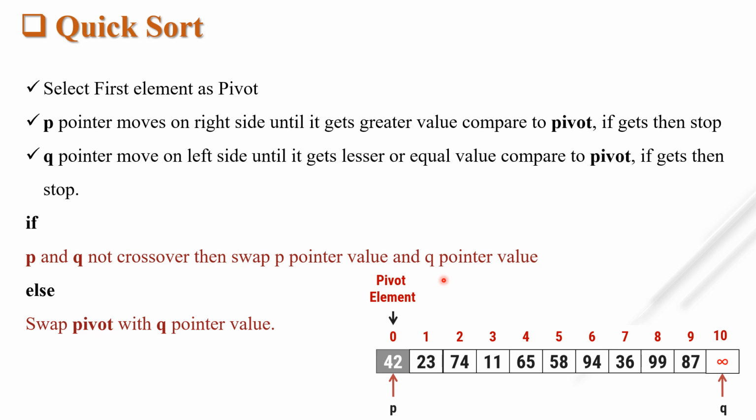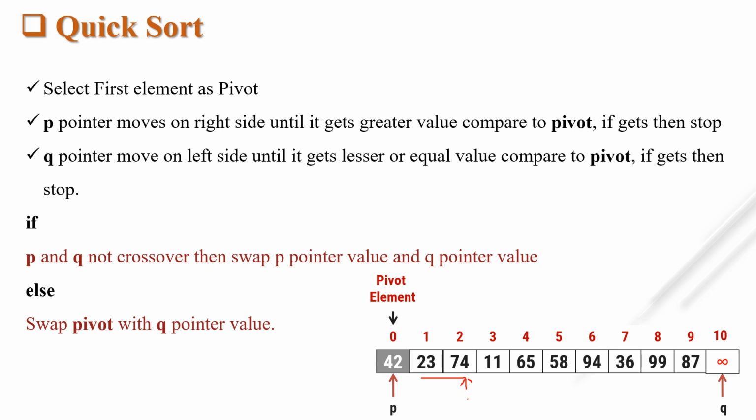Suppose the first element is the pivot element, that is 42. Now the p pointer goes to the right-hand side until a greater value is encountered. Is 23 greater than 42? No. Is 74 greater than 42? Yes. So the p pointer will point here and stop searching on the right.